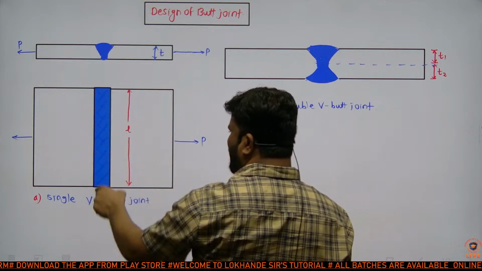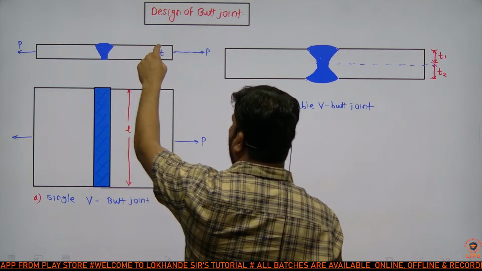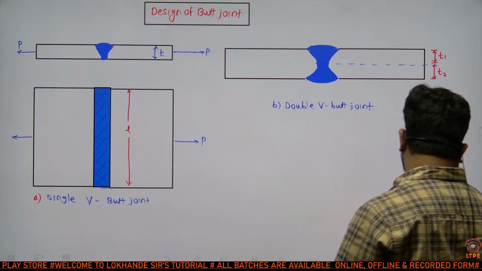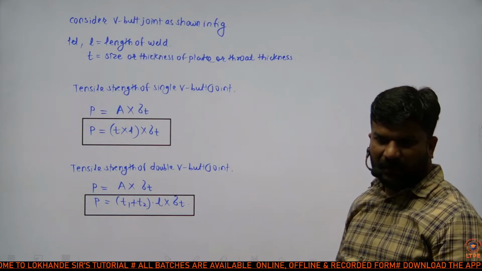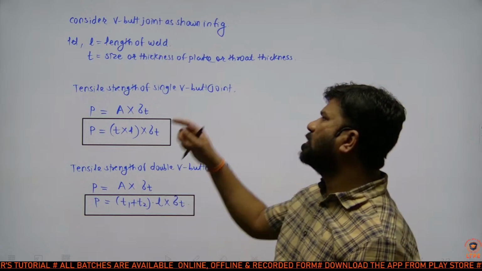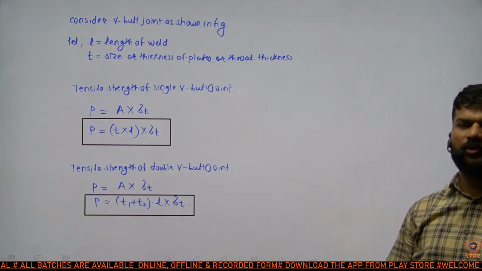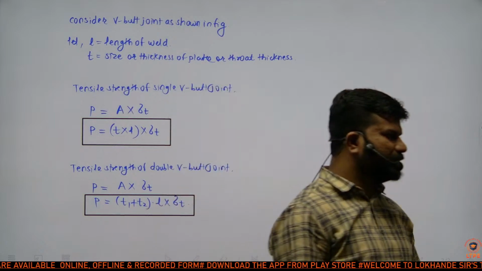It looks like a rectangle, so its length is L and the throat thickness is T. In case of butt joint, throat thickness is nothing but the thickness of plate. In case of lap joint, thickness of plate means S and throat thickness means T, which is equal to 0.707 times S. Okay, note down.